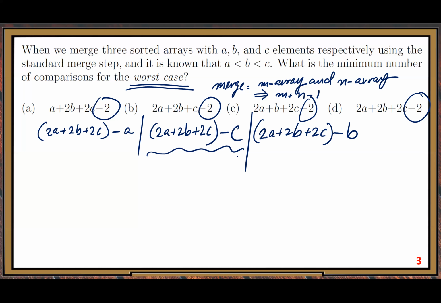Can we make this? If we can make it, then that's our answer. If we cannot make it, we need to find the smallest one from the remaining options. Let's just try to make it. Then it will be our answer. So let's do our work to make that happen.